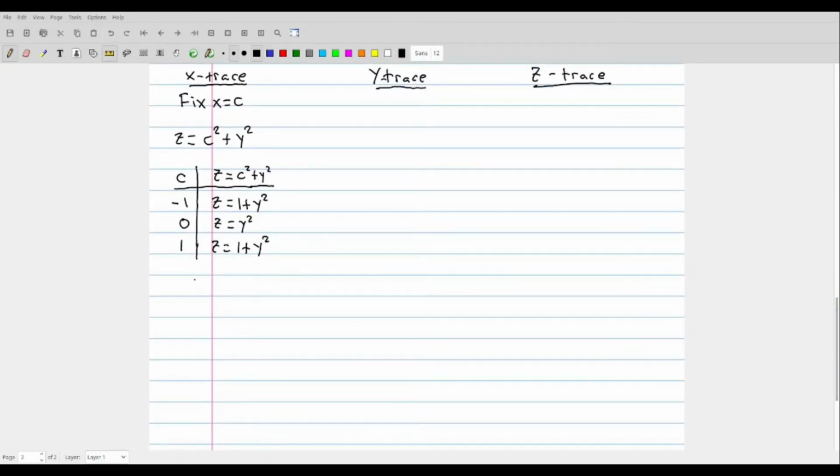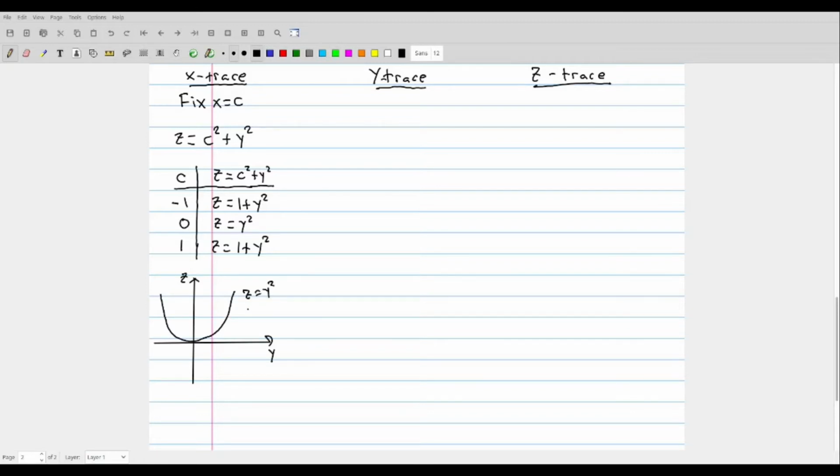And what you can do is take each one of these cross sections, so you see that each one of these is a function in the zy plane, where z is this axis right here and y is this axis right here. When c equals 0, you get z equals y squared, so that corresponds to a parabola in the zy plane.